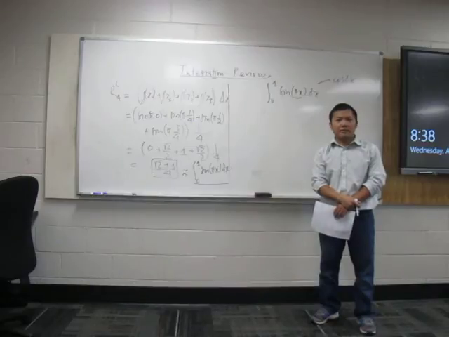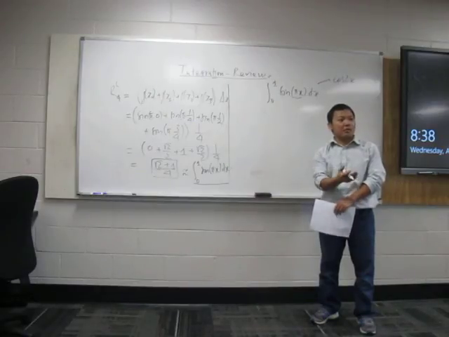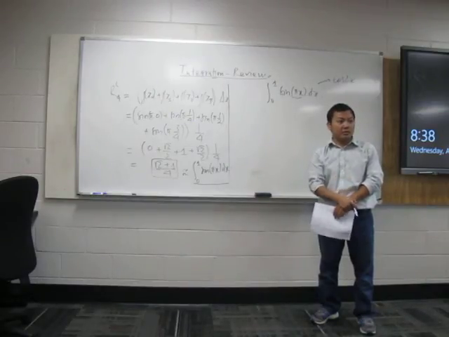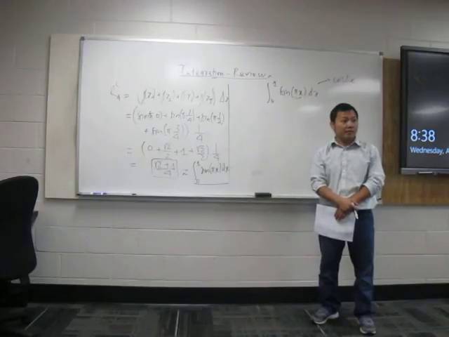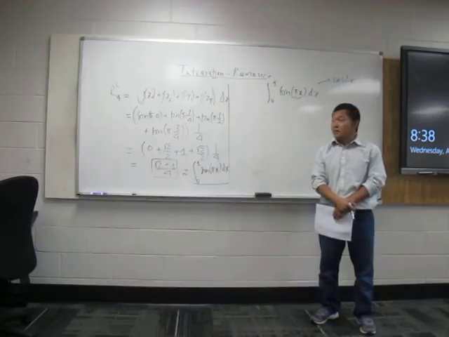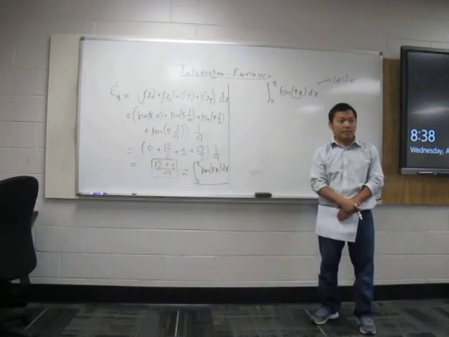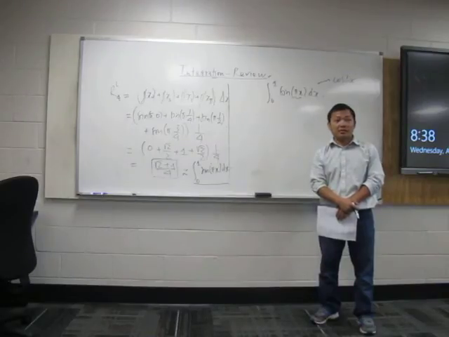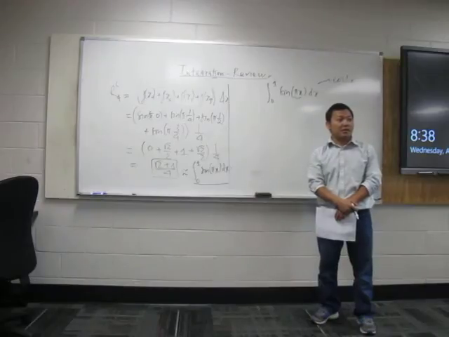If we have a composite function, we need to do substitution. What's the substitution in this case? We put the inside function equal to u. The inside function is pi x.